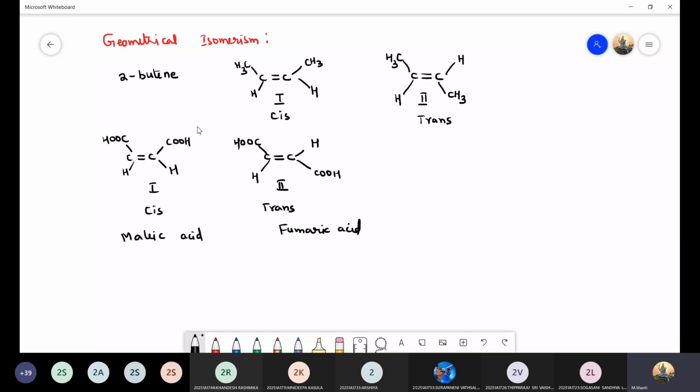Now, next coming to the conformational isomers. How are these conformational isomers obtained? These are obtained by the rotation of the C single bond C. So these are your configuration isomers. Here, we have just finished with the configuration isomers. Then next we have conformational isomers.